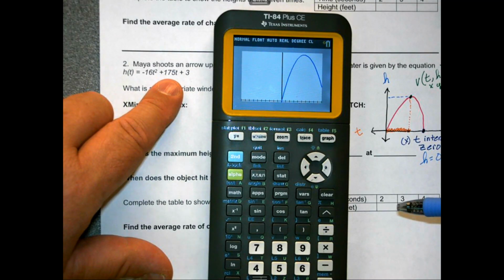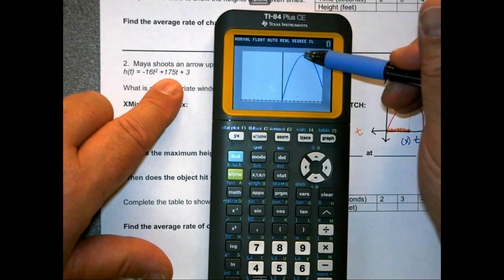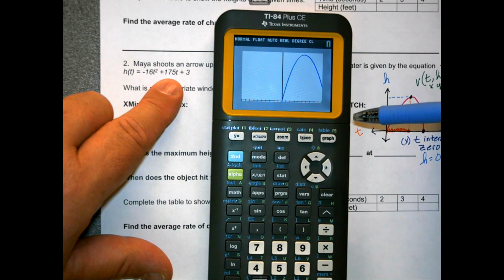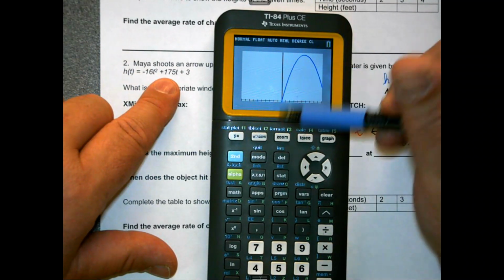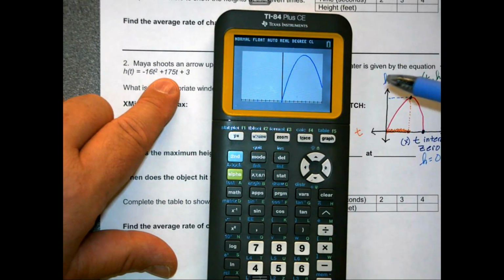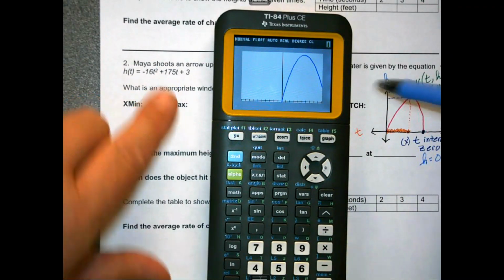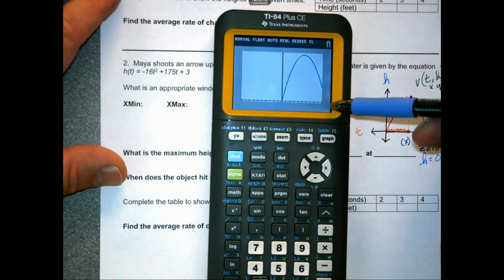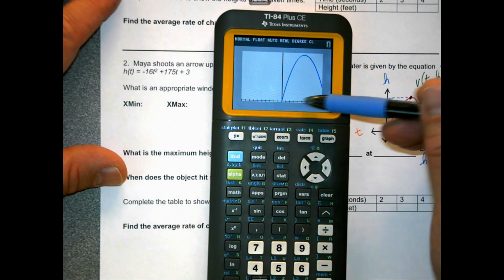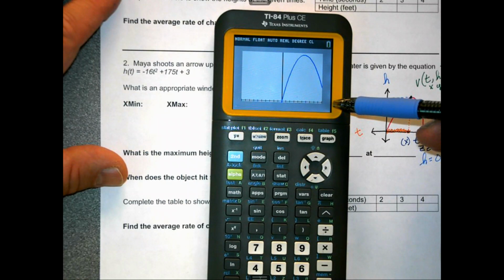And there's my parabola. And I barely caught the max there using 500. So when you have a large B, use a really large Y max for your window. Now, I know I did this problem already for my other class, and I know we need that X intercept. So I need more of the X axis.